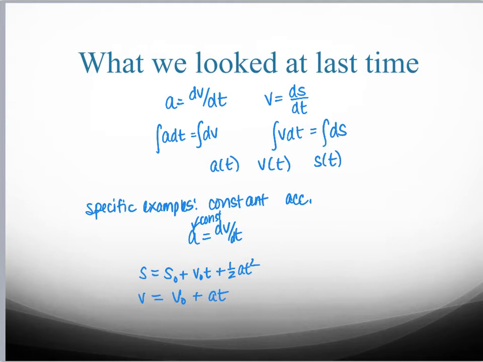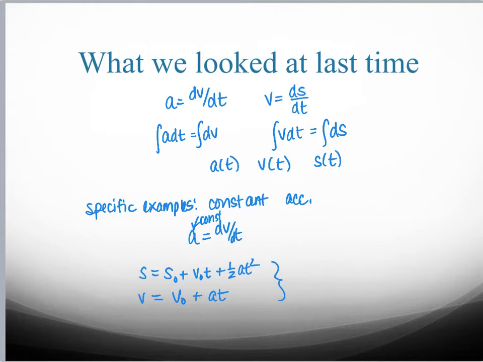And one of the things that I tried to point out in class the other day when we went over this is that these expressions, I hope, are pretty familiar to you. For instance, if you see the expression for the position as a function of time and you notice that it's a quadratic, that should click in your head immediately that that's a constant acceleration situation.